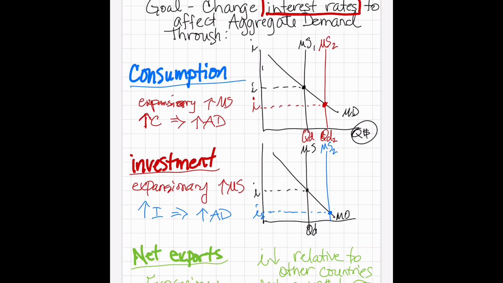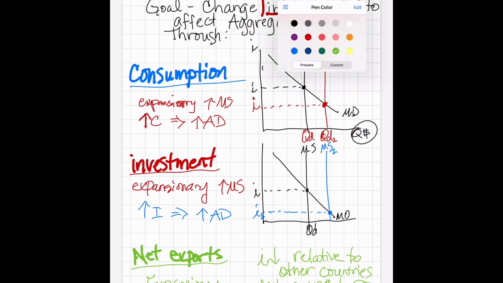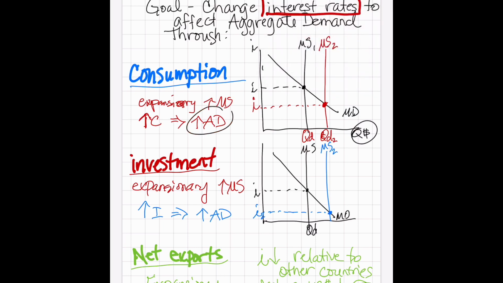So all of these components of aggregate demand are targeted through these changes in the money supply. And this is achieved through the actions of the Federal Reserve. So as we go forward, I just want you to keep this in mind, that the Federal Reserve has a very specific set of tools available to them, and their policies are intended to achieve these goals of either expansion or contraction through changes in the interest rate.